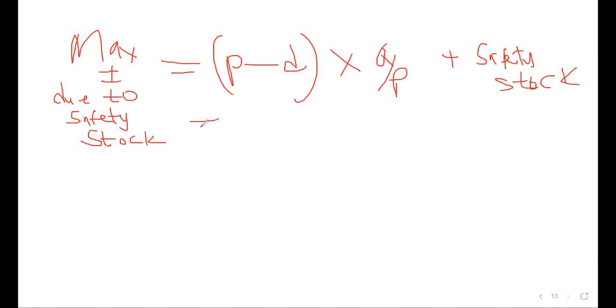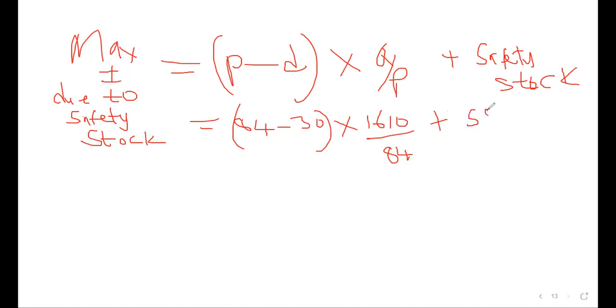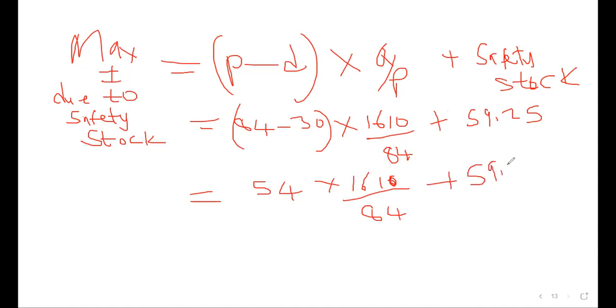So here we're simply saying 84 minus the 30, then multiply by Q, which is 1610 over 84, then plus 59.25.